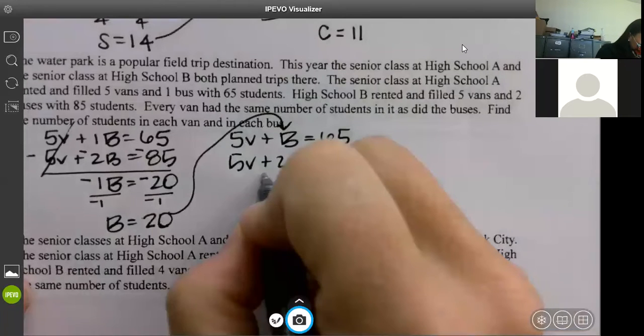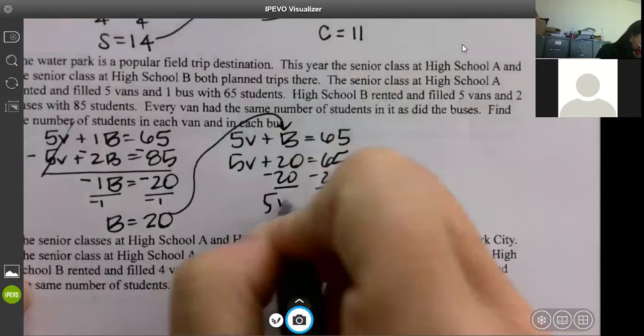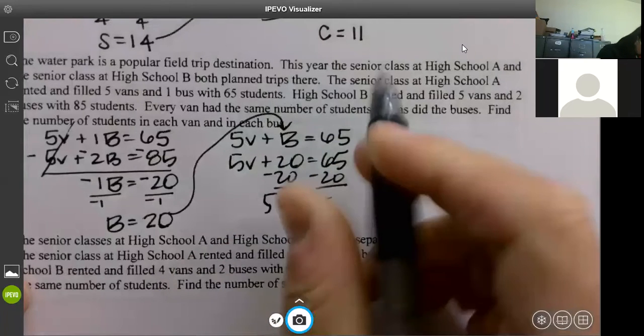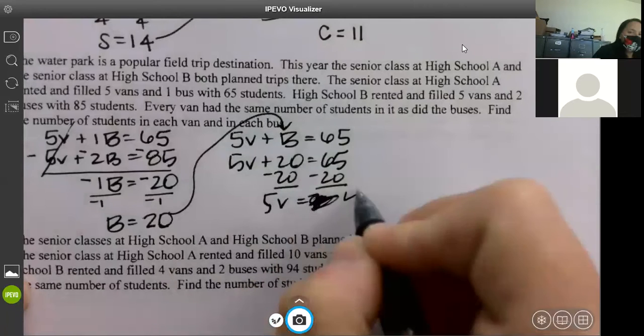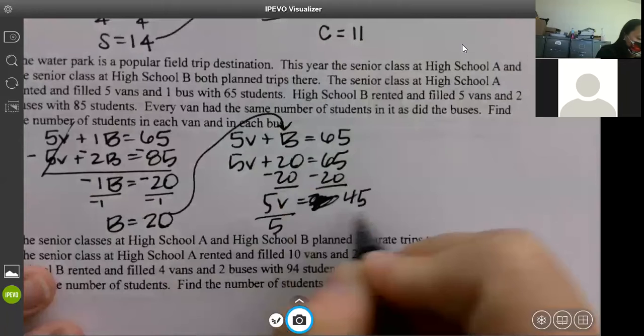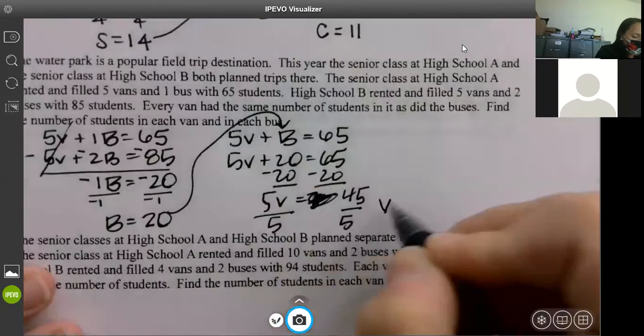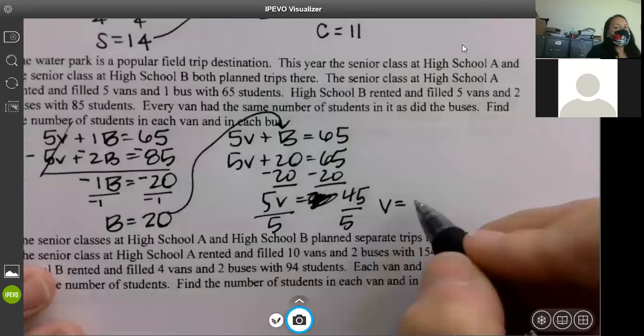I'm going to subtract 20 and get 5V equals 45. How do I solve? Divide by 5, and V equals 9.